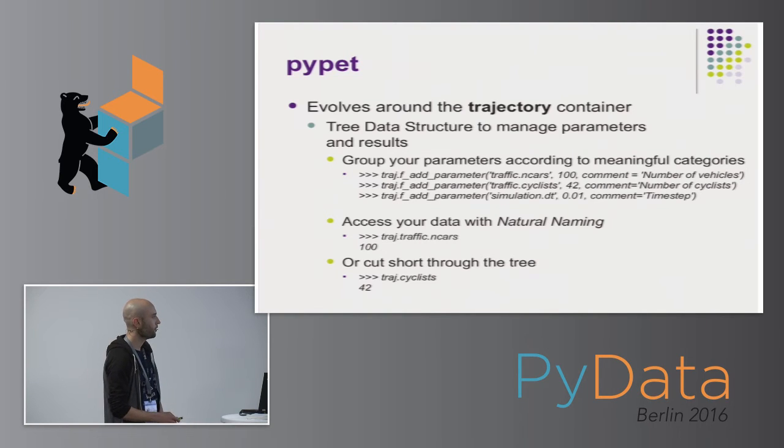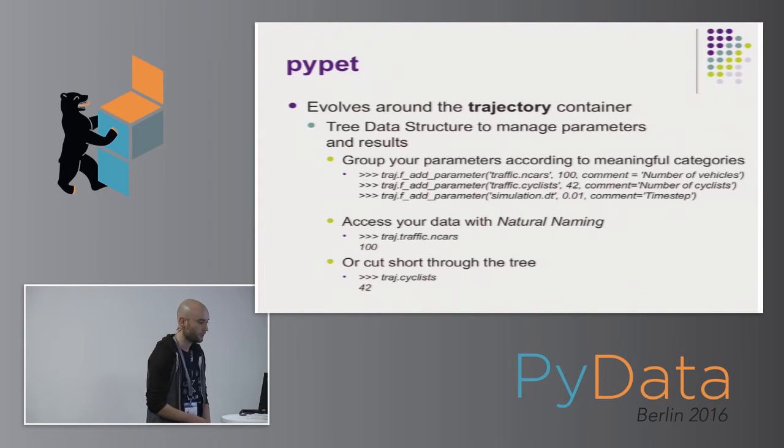As a user, you're encouraged to fine grain and sort your parameters as finely as possible. But in order to save you some typing, you can skip intermediate hops in this tree. So you could say, for instance, traj.cyclist, and this will initiate a very fast lookup if this is a unique identifier, and you immediately get back the value of this parameter.